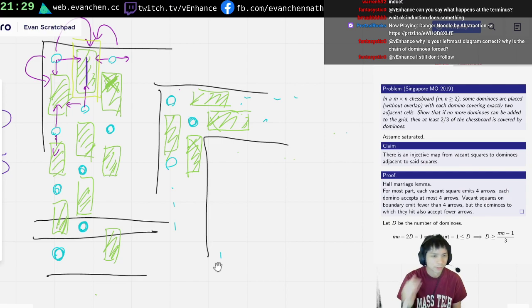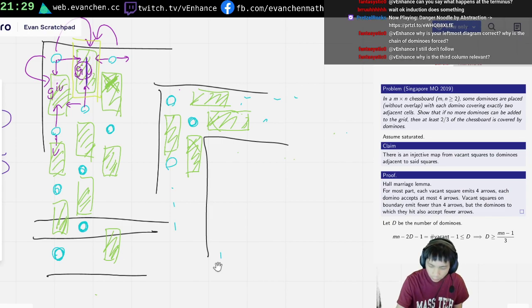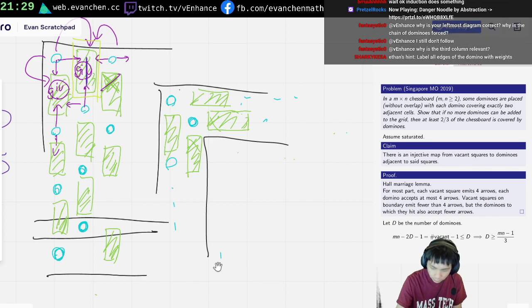I have no idea what I'm doing. Don't worry about it. So, in this case, if you're given this, and you're given this, then this square needs a domino to cover it, right? So it must go down, because otherwise you get a super tangency.